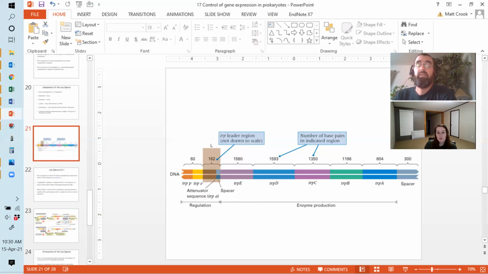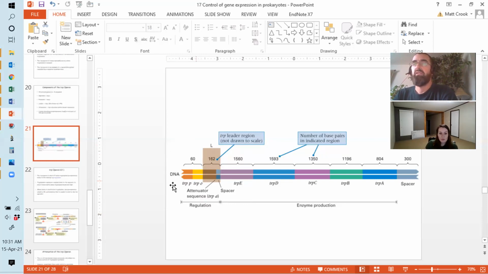It's absolutely central to how this thing works. Can't stress that enough. So there's no TrpR bound because tryptophan is not present at high levels, so no TrpR is bound to the trp operator.